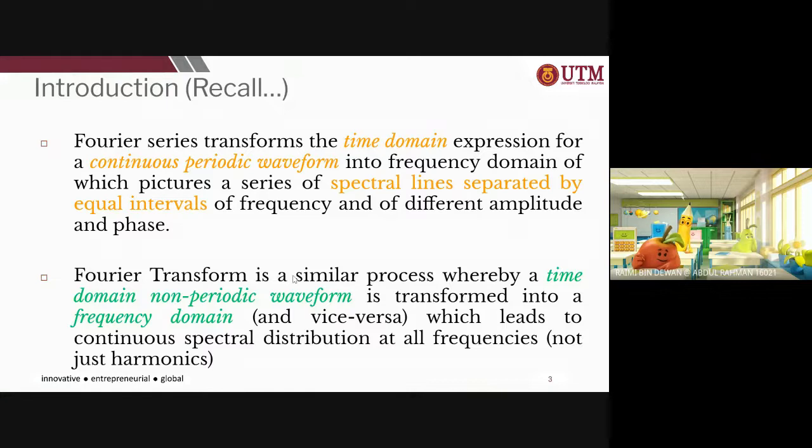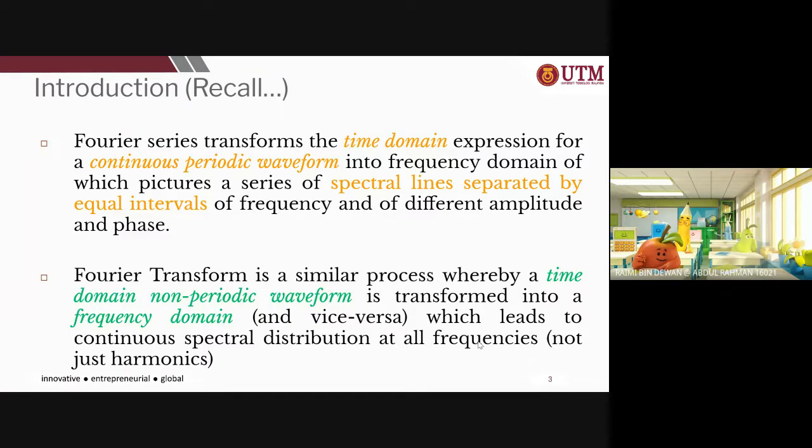The Fourier transform is a similar process, where we also do a transformation. However, it is from a non-periodic signal, meaning a signal that does not repeat, into the frequency domain and vice versa, which leads to a continuous spectral distribution at all frequencies, not just the harmonics.